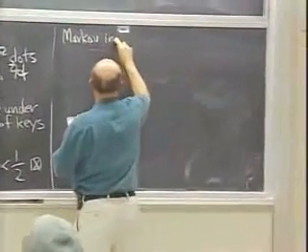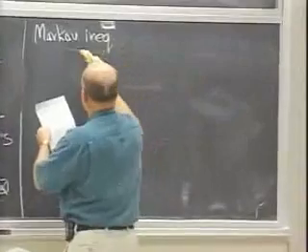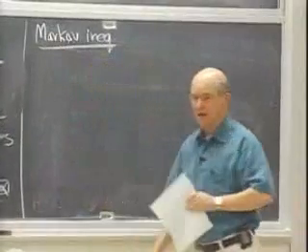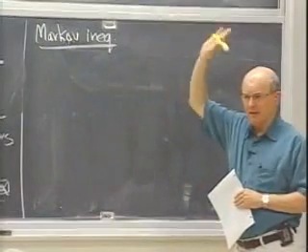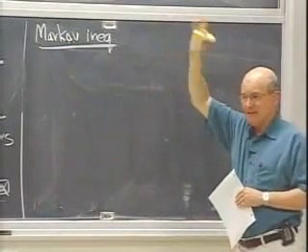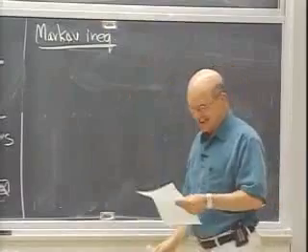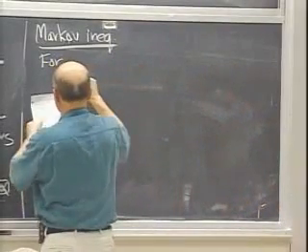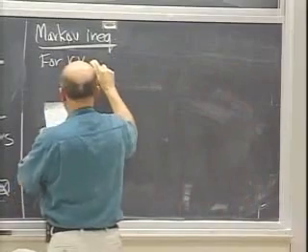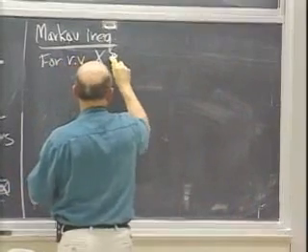Now I want to remind you of something which in the past I've just assumed, but I want to go through it briefly. It's Markov's inequality. Who remembers Markov's inequality? Don't everybody raise their hand at once. Markov's inequality says the following. This is one of these great probability facts.